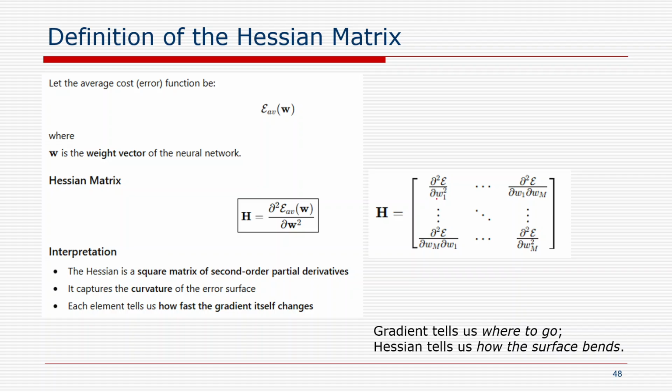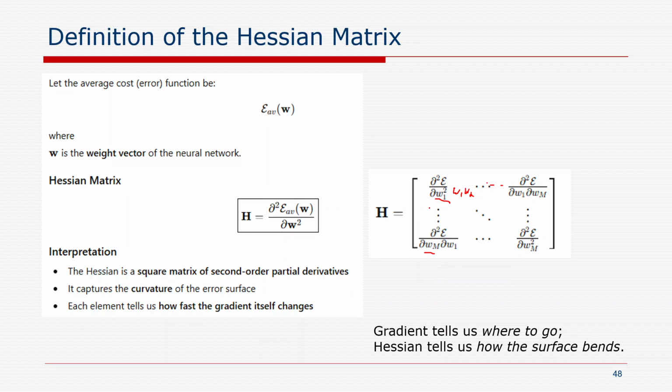If we have M weights, the Hessian matrix will be M cross M. That is, the first row will be the second order partial derivative of W1 with respect to W1, and the second column in the first row will be the second order partial derivative of the error function with respect to W1 and W2, and it keeps going until all the weights are covered.